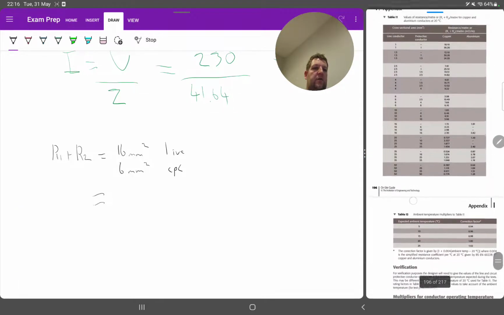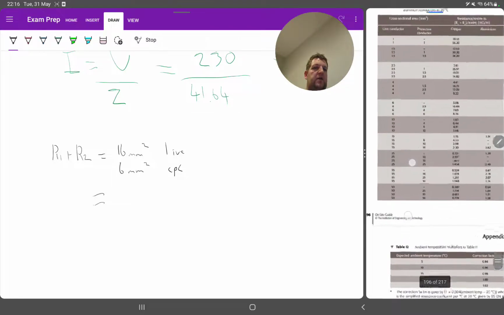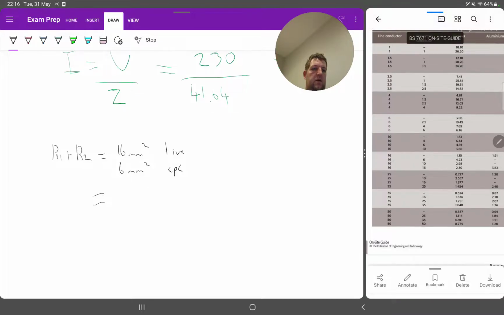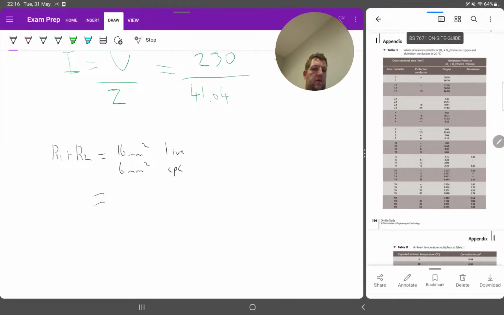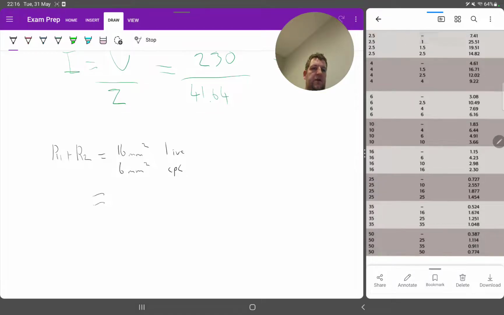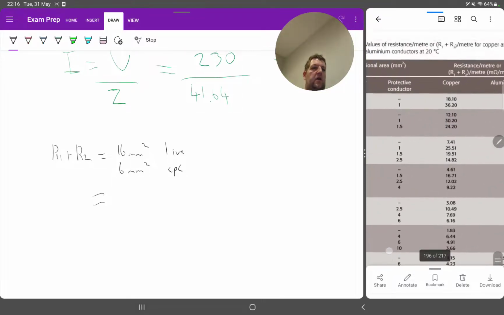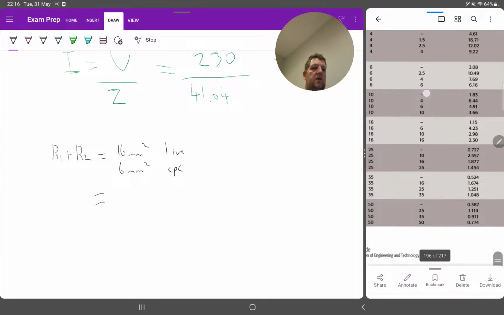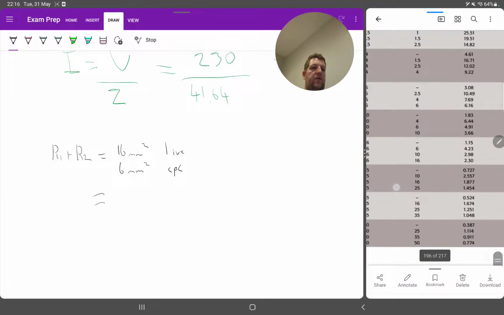In the on-site guide, we're on page 196. So I can go down the on-site guide and I can see a 16 mil cable there with a 6 mil CPC has an R1, R2 milliohms per meter of 4.23.